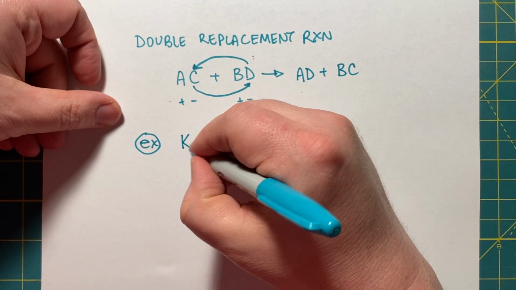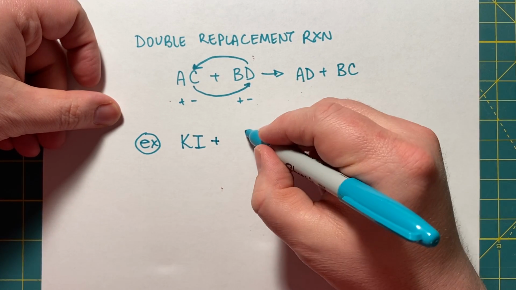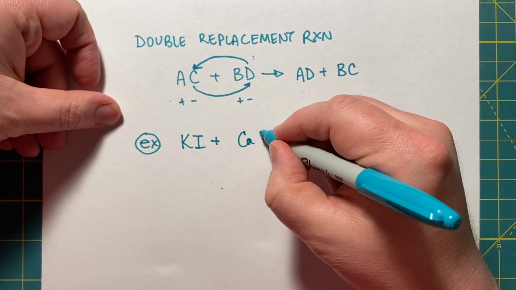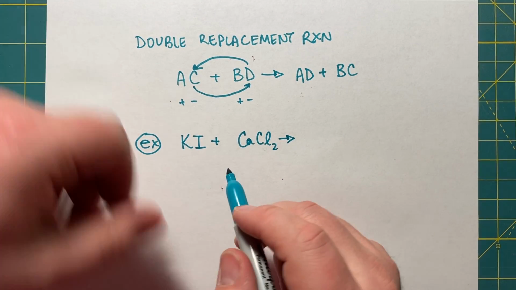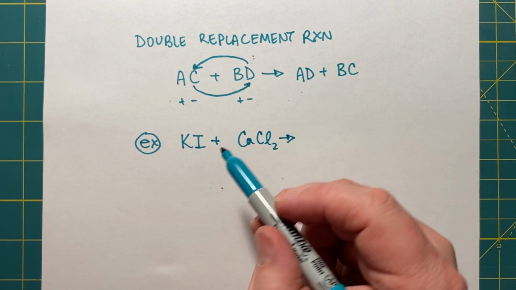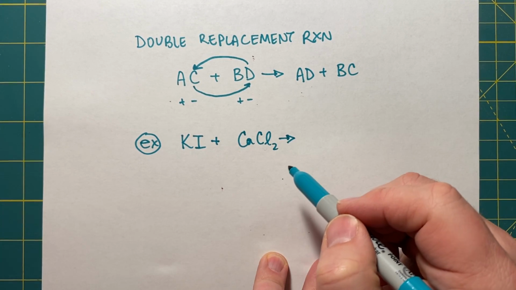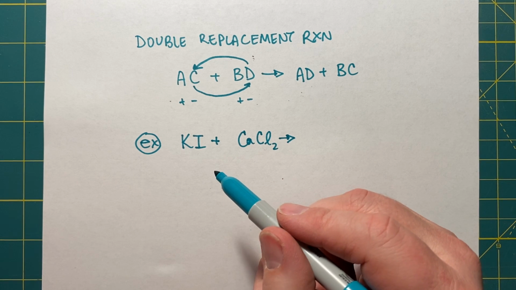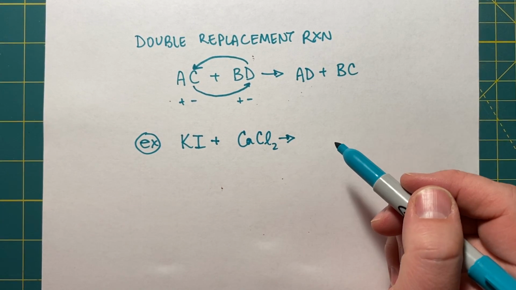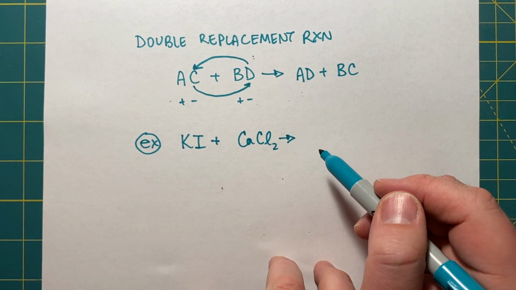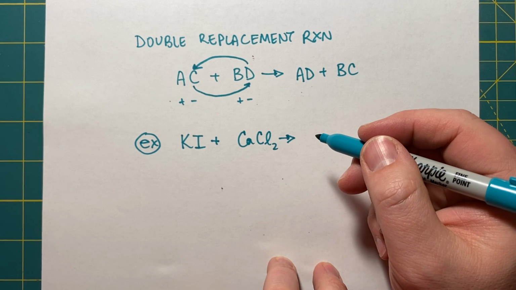So if we have potassium iodide combining with calcium chloride, you would recognize this as a double replacement reaction because you have two ionic compounds. This would be something really common to see in solutions chemistry, where you're mixing solutions and perhaps a precipitate forms, and that's where you'd likely see something like this.